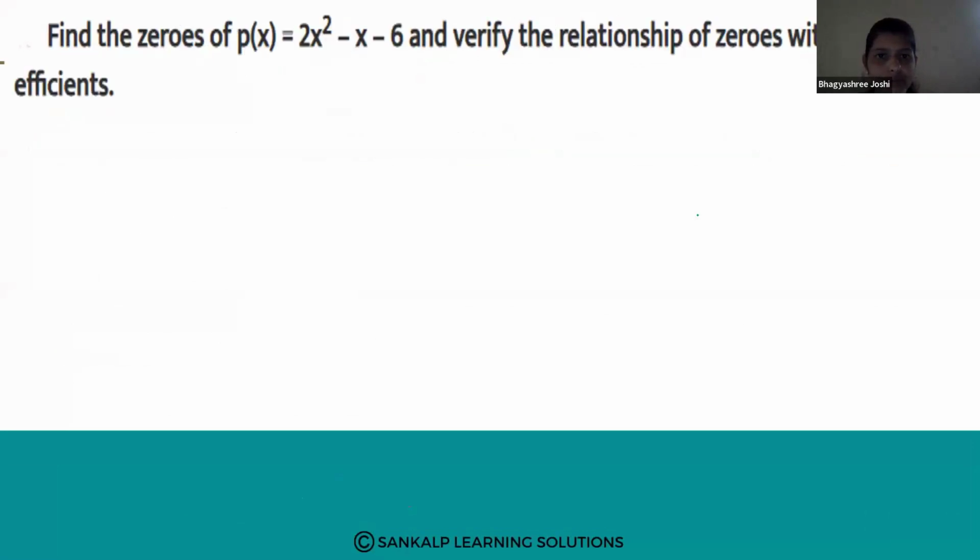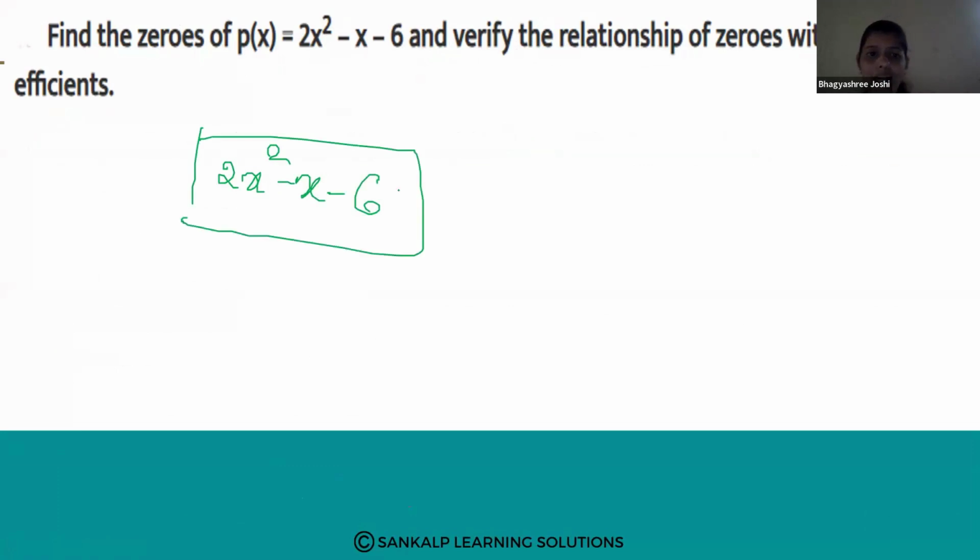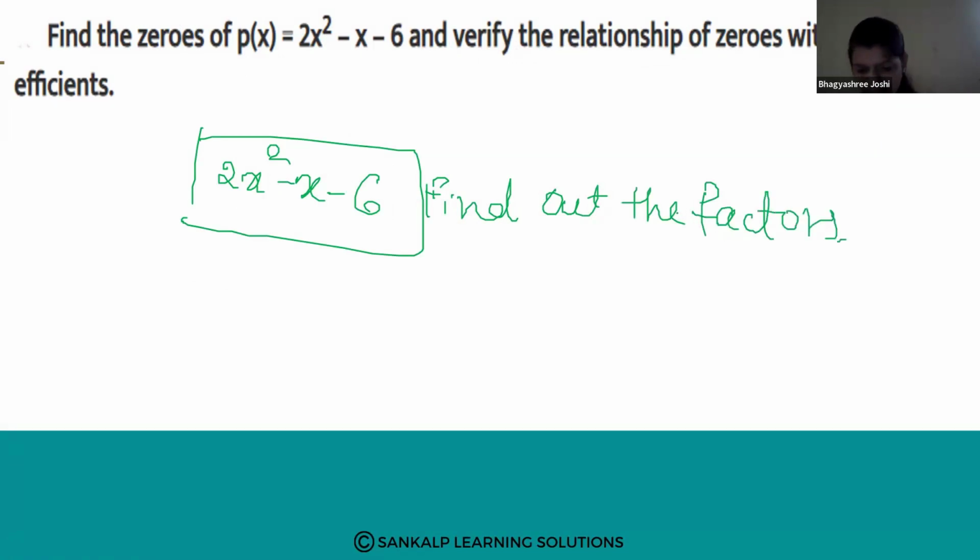Write down 2x square minus x minus 6. All of you tell me the answer tomorrow. Find out the factors by using the factorization method.